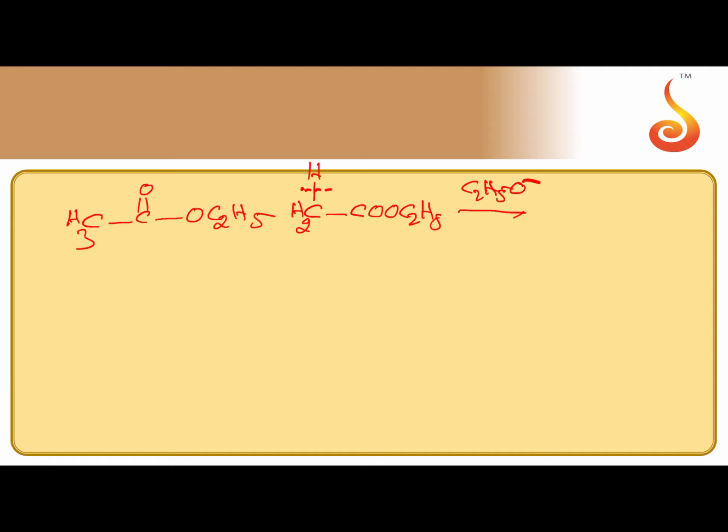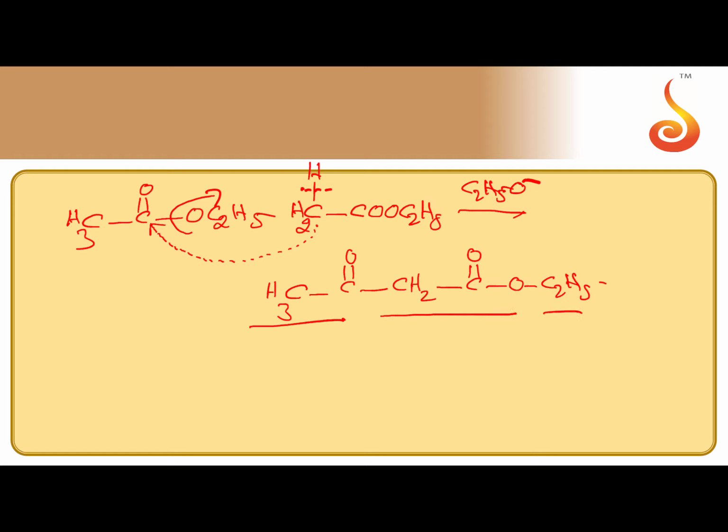H is removed as H plus. The alpha carbon comes and attacks the carbonyl carbon. C2H5O minus is removed. Then we can get CH3COCH2COOC2H5.